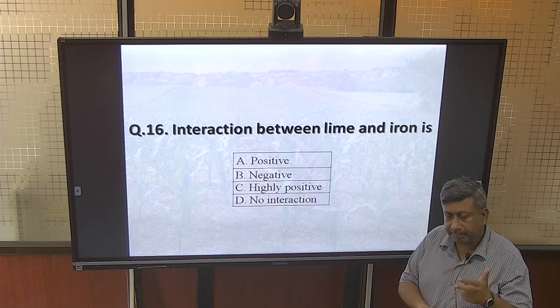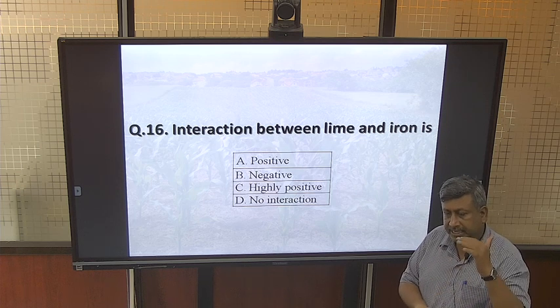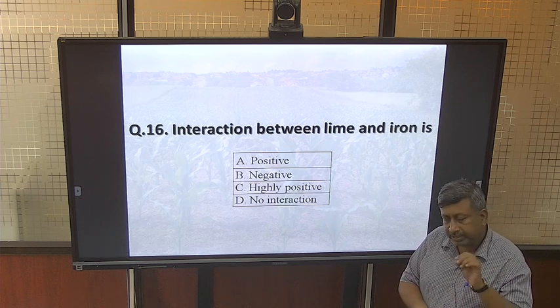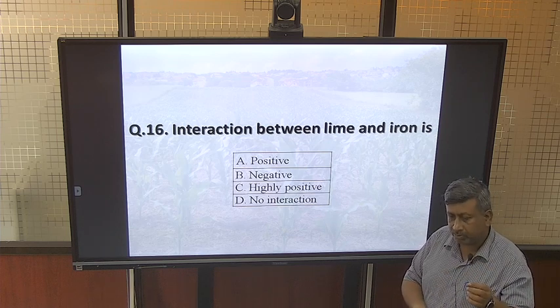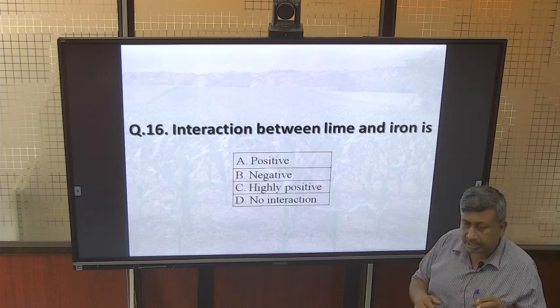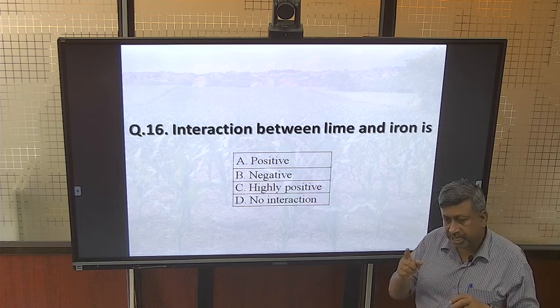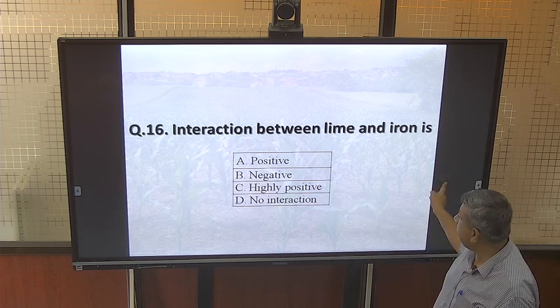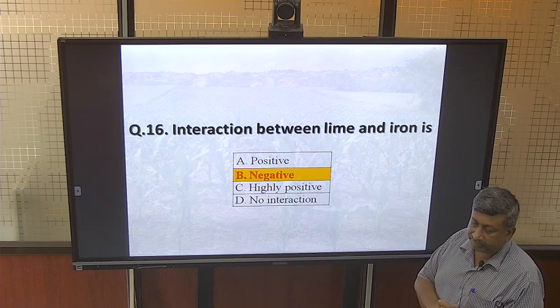So, when we apply lime, pH gets high and becomes above 7, and then availability of iron is reduced. It means application of lime increases the pH and then availability of iron is reduced. So, this relationship is a negative relationship. Okay.